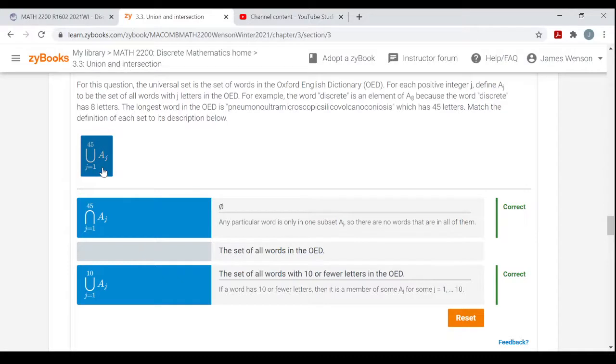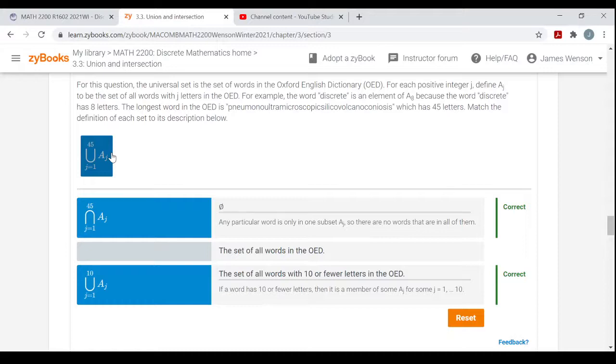And then this one is all the words, the set of all words in the OED, because it's the union of A1 union A2 union A3 union up to A45. Any word that belongs to this set has either one letter or two letters or three letters or 45 letters.